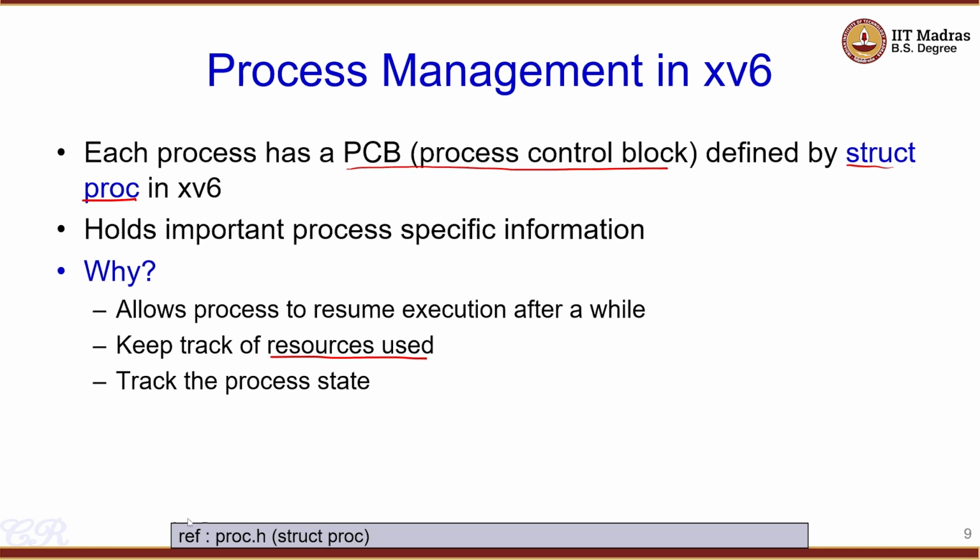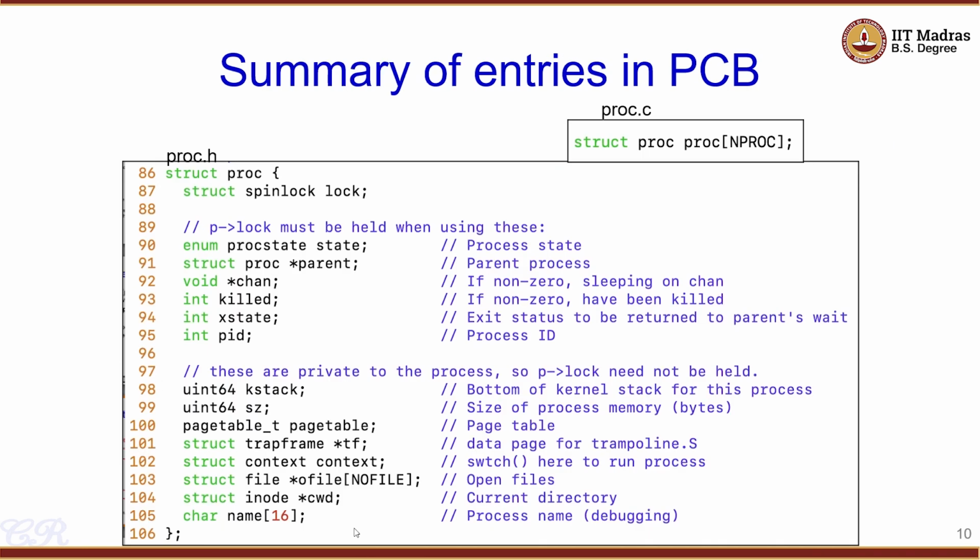Okay. To look at what this struct proc actually looks like, you could go into the file called proc.h in your XV6 source code, in which the struct proc is defined, and it looks something like this. Each process would have a structure of this particular form.